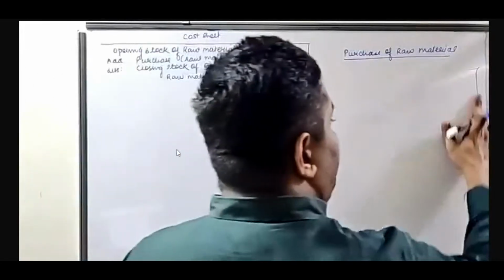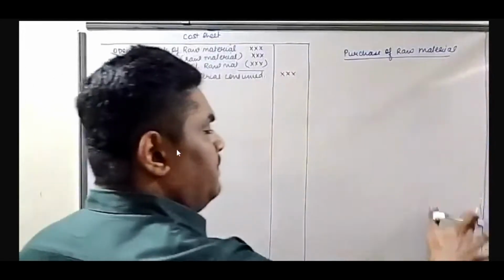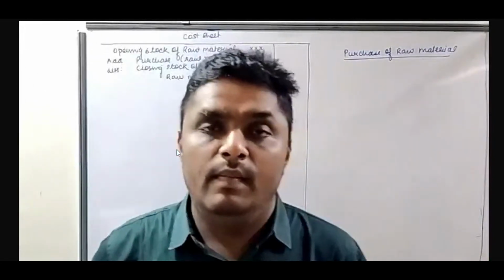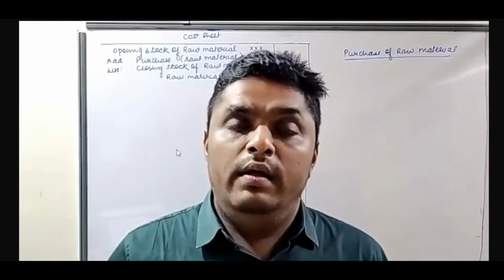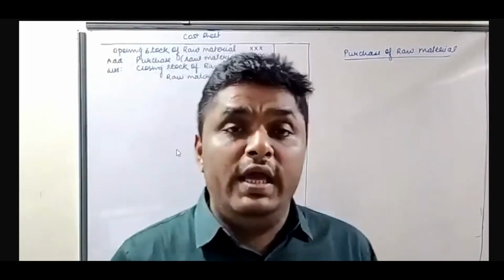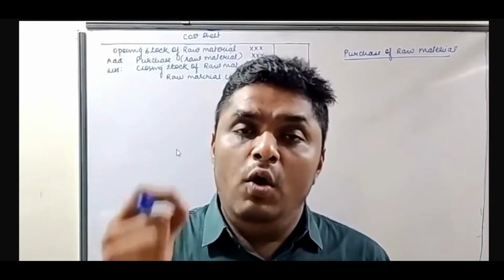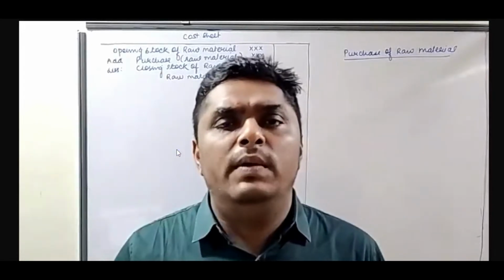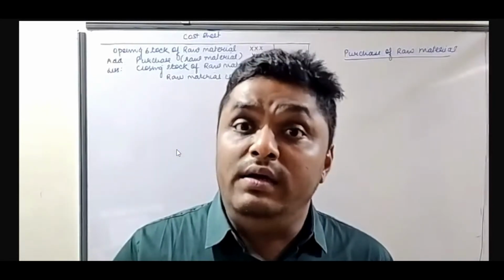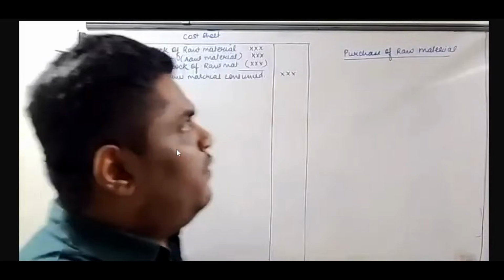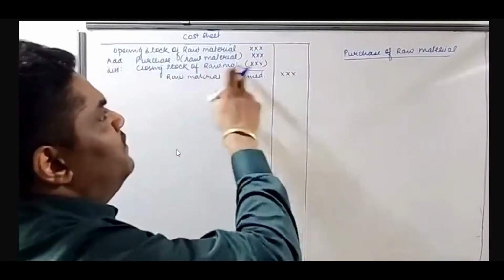Now, when talking about the purchase of raw material, whatever the cost of raw material incurred till the factory gate will form part of the purchase price of raw material.